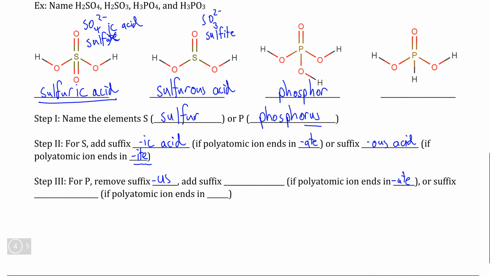If we have a polyatomic ion that ends in -ate, which we do over here because the polyatomic ion PO4 3- is phosphate, and if we have an acid that is based on phosphate, instead of writing -ate, we would replace it with the suffix -ic acid.